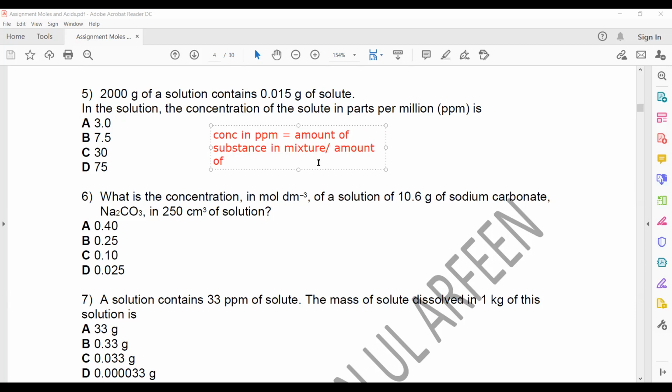This amount can be moles, this amount can be volume, this amount can be mass as well, multiplied by 1 million.